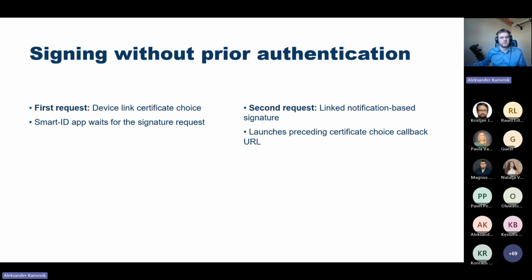And you can do that with the device link flow for the certificate choice, and then use a notification-based signing request, but they are linked. So for the end user, it still looks like a single request. The app doesn't close meanwhile, but there is a special hybrid flow that uses both a device link and notification-based flow. For most RPs, this is irrelevant, but just a note. It's all available. It's all explained in the documentation.